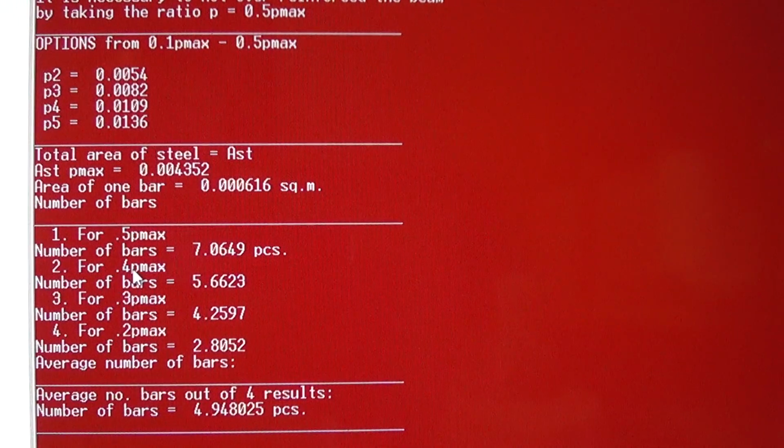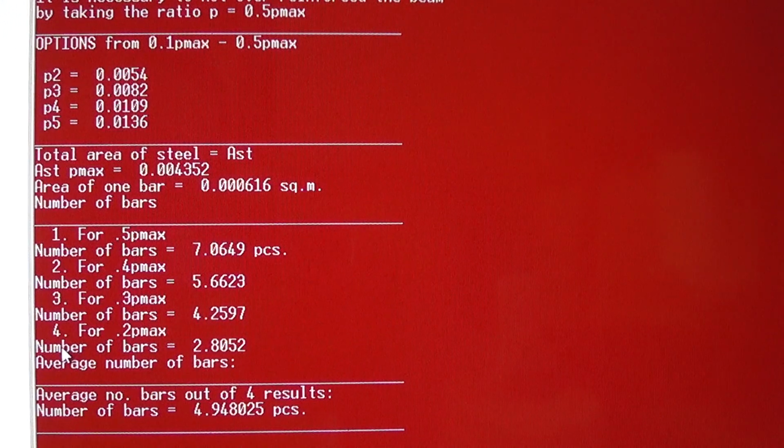For 0.4 P max is 5.66. It's like 6 bars. You round it off. When there's a decimal like 0.6, it is considered like 6 bars right here. And for 0.3 P max, 4.2, that is 5.